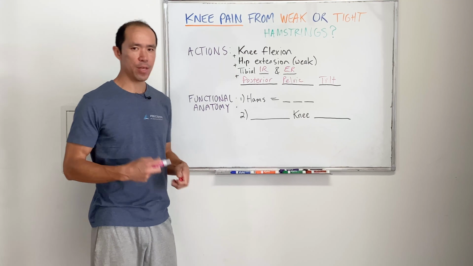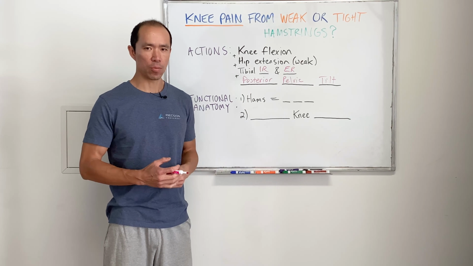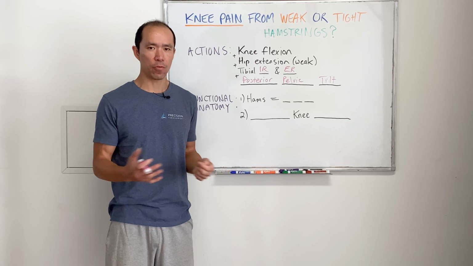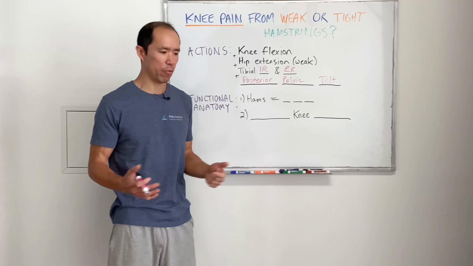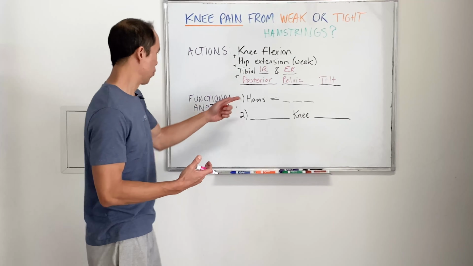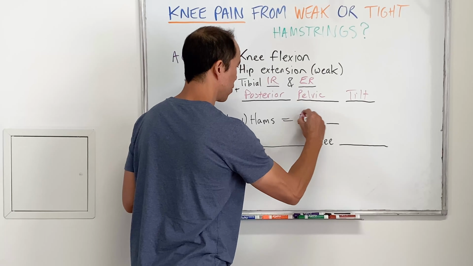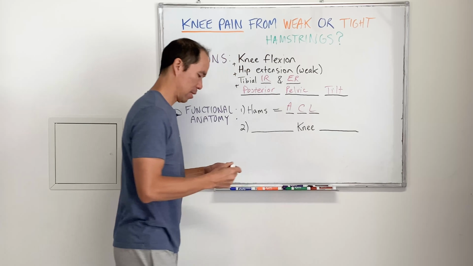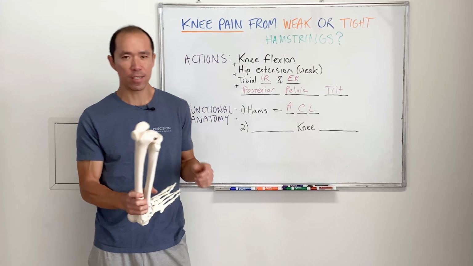Now, functional anatomy, this is looking at not just basic actions of the hamstrings, but how do the hamstrings function when you're doing tasks of everyday life or in sport. The first one here, the hamstrings, I've written, equal the ACL. The ACL, the anterior cruciate ligament, very important ligament for knee stability.